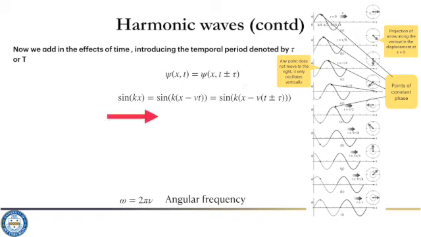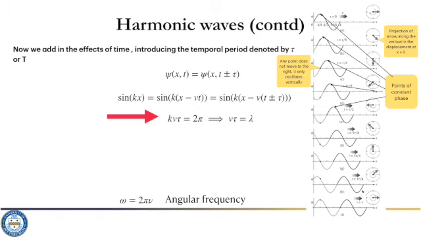So by equating the leftmost to the rightmost, since the only way for the sine function to repeat is if this extra factor is equal to a multiple of 2 pi, if you set it equal to 2 pi, then we get v times tau equals lambda. And this is a very important relationship.